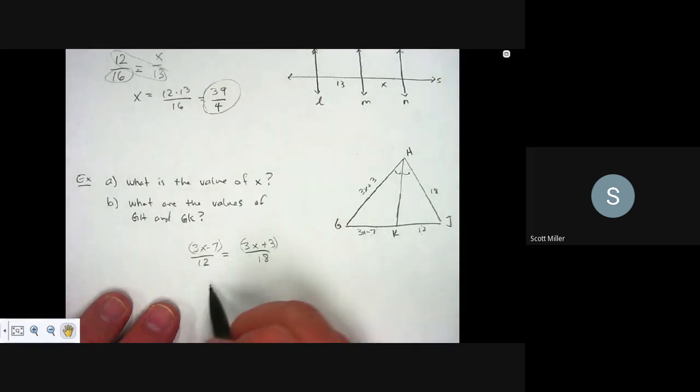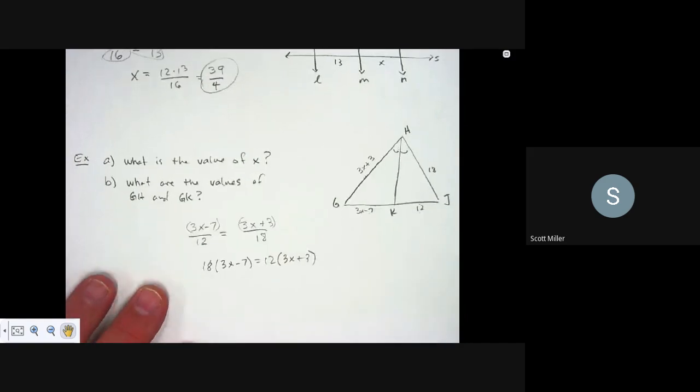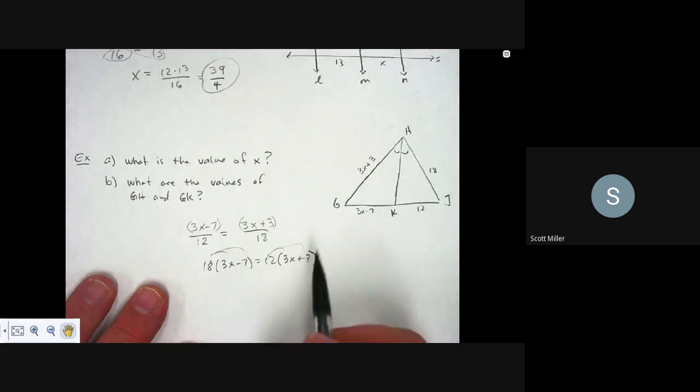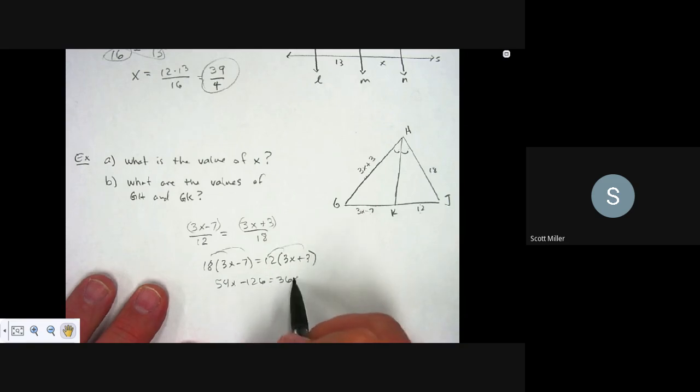Cross multiply. So I have 18 times (3x minus 7) is 12 times (3x plus 3). Just write it. Don't try and simplify it until you get it to this format. Then you can distribute and get your numbers. So 54x minus 126, and this is 36x plus 36. Bringing and solving for x, move this over here, move that over there, and I end up with 18x equals 162.